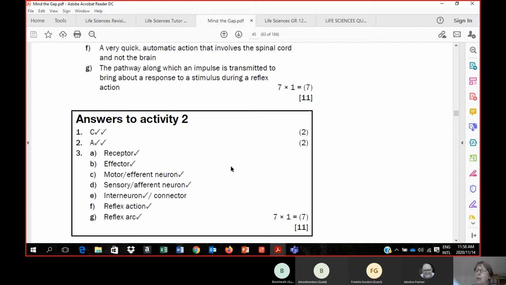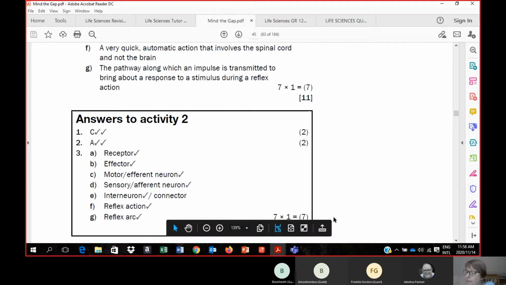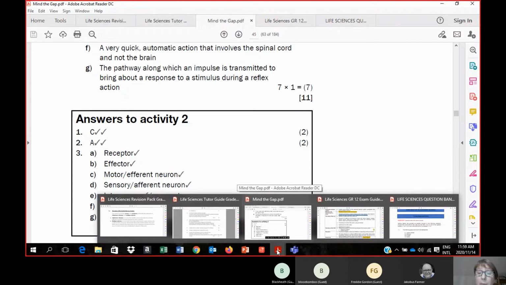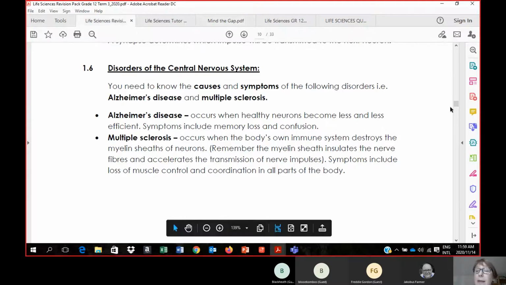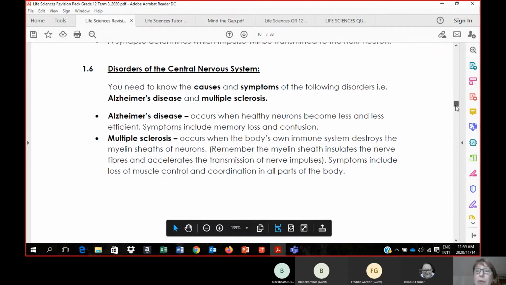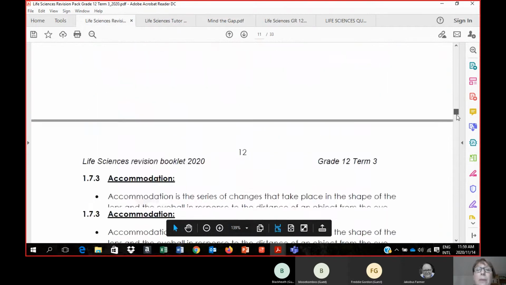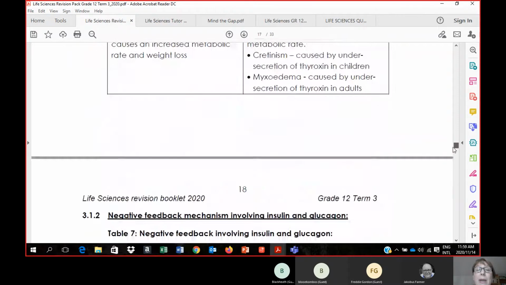Now, there are some questions that are printed in bold, and those are the more difficult ones. So this is the question that I want you to do. So we're on page 26.